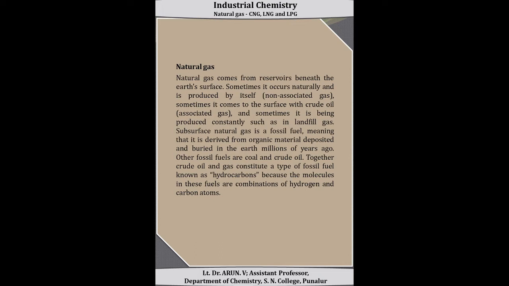It is called associated gas, and in some other cases it is being produced constantly, such as landfill gas. So natural gas occurs as associated gas, non-associated gas or as landfill gas.